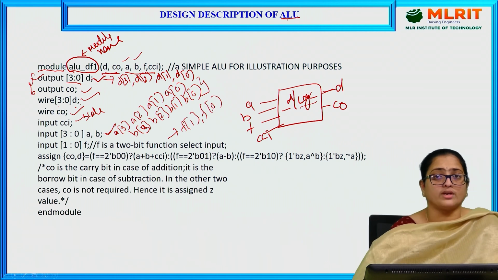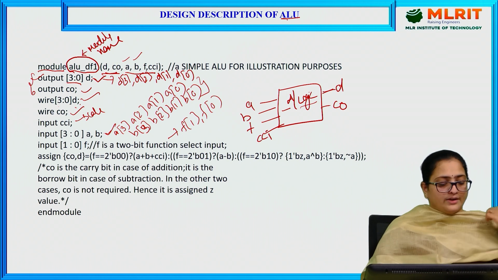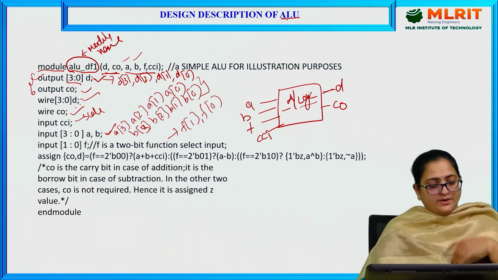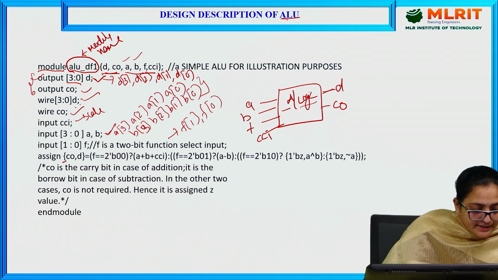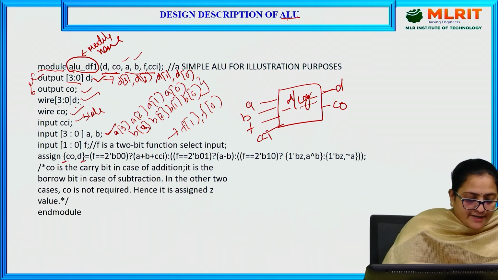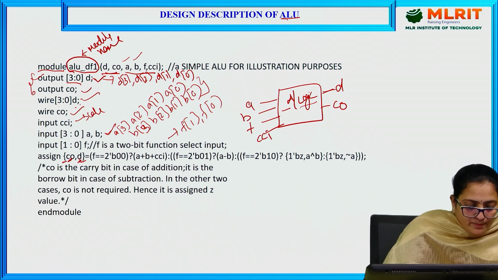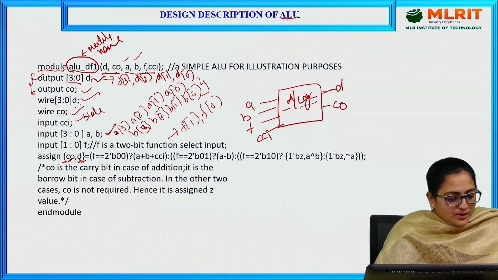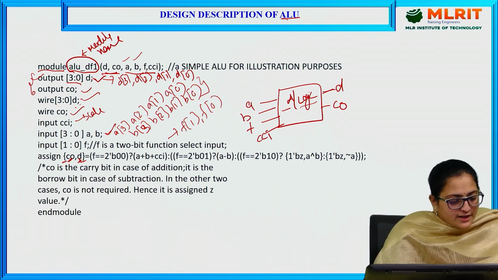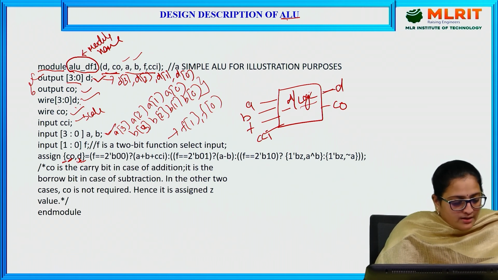Now, here if you can see, I use a single assignment statement to perform the ALU. Assign, see here, the concatenation of C0 and D, which are the outputs. C0 is a single-bit scalar, and D is a 4-bit vector.